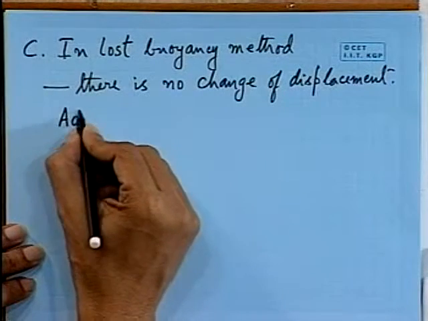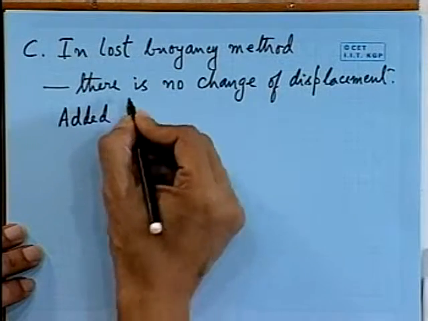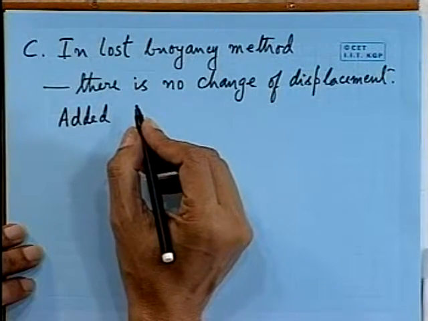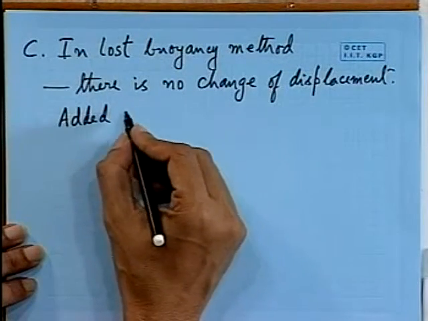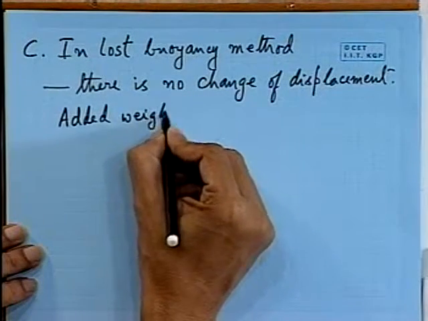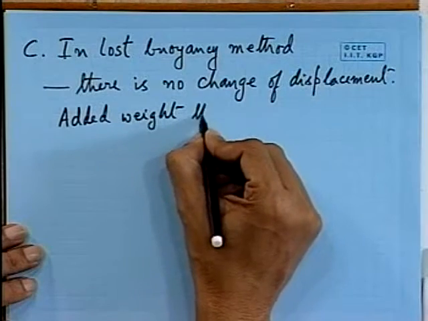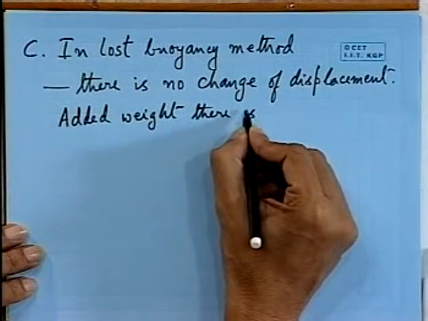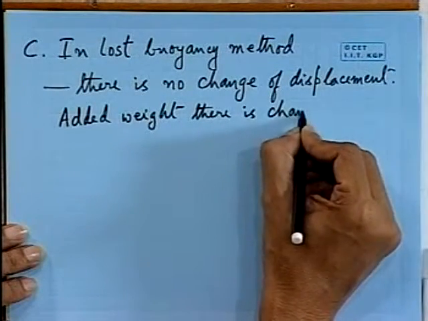So actually the name comes from this addition of weight, that is, the water that has flooded the hull is treated as an added weight. So with added weight, there is a change of displacement.